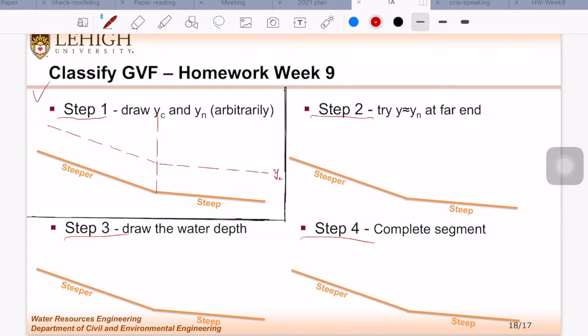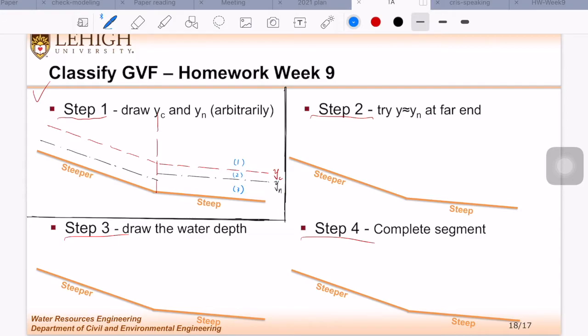So this is yc, and I will use a black dash-dot line to represent the normal depths. So these are the normal depths. Since the slopes of these 2 channels are different, the normal depths are different. And we know this is section 1, section 2, and section 3.